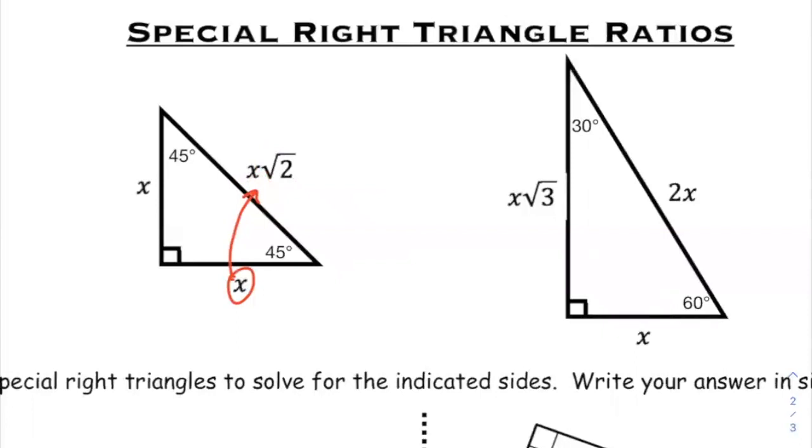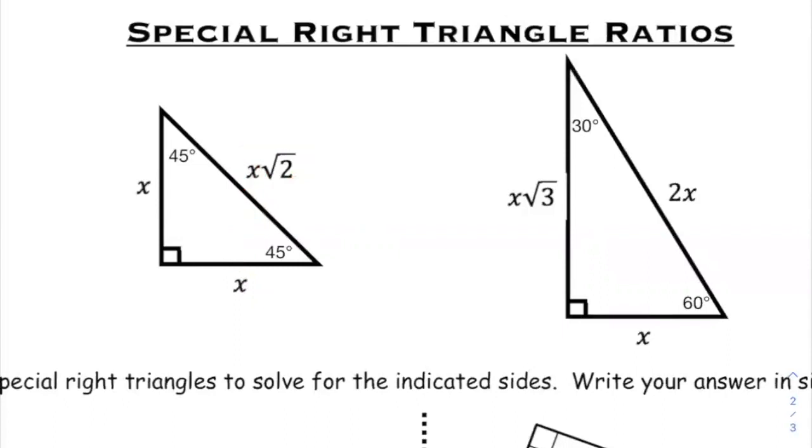So if this is 6, this is 6 root 2. If this is 61, this is 61 root 2. Okay. Now, if we go backwards, if I have a hypotenuse and I want to get a leg, instead of multiplying by 2, I'm going to get smaller, so I'm going to divide by root 2.